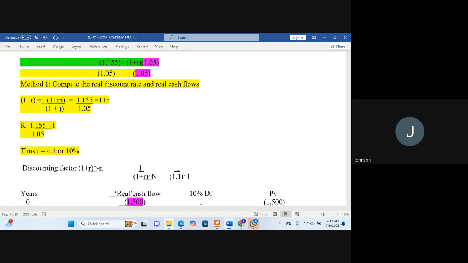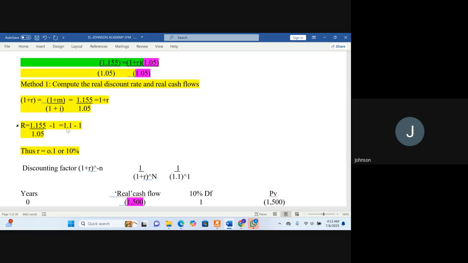So now what you are going to get here, the answer will become 1.1, minus 1.